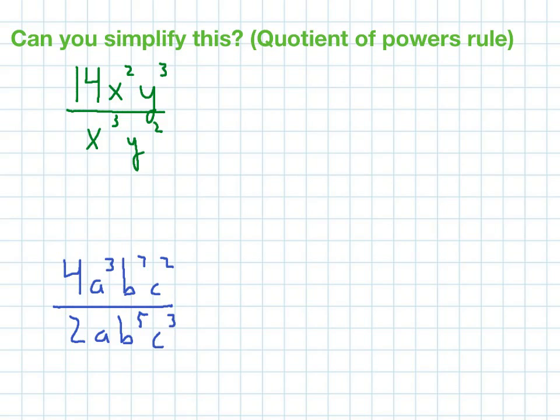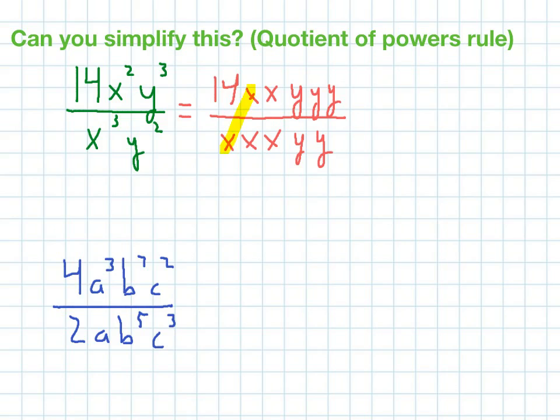So looking here, I want to expand this, and I want to think about the fact that I have 14, I have 2 x's, I have 3 y's on top, I have 3 x's and 2 y's in the denominator. Because we're dividing, we think about getting rid of, so I want to find out how can I get rid of some of what I see.